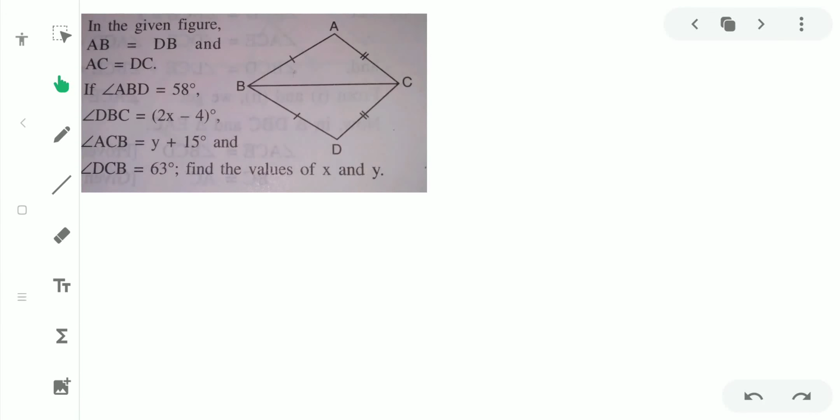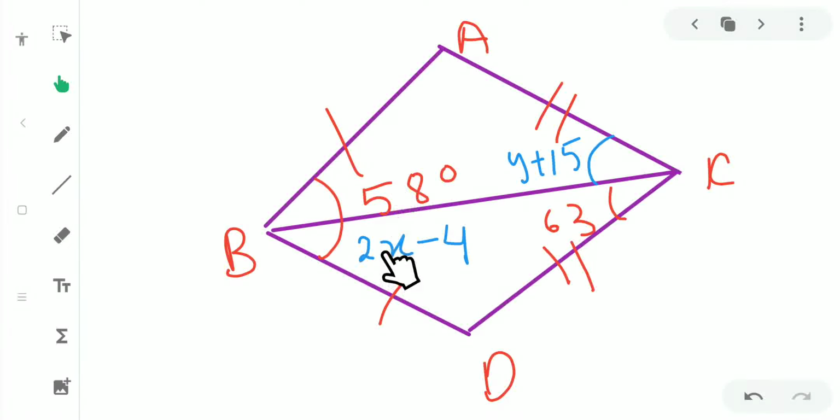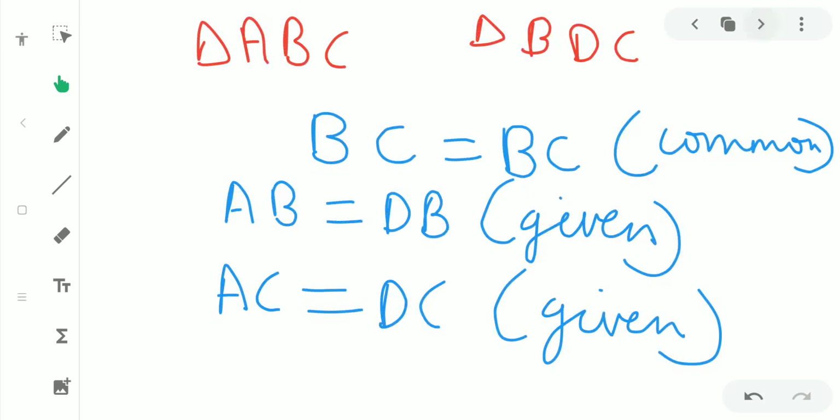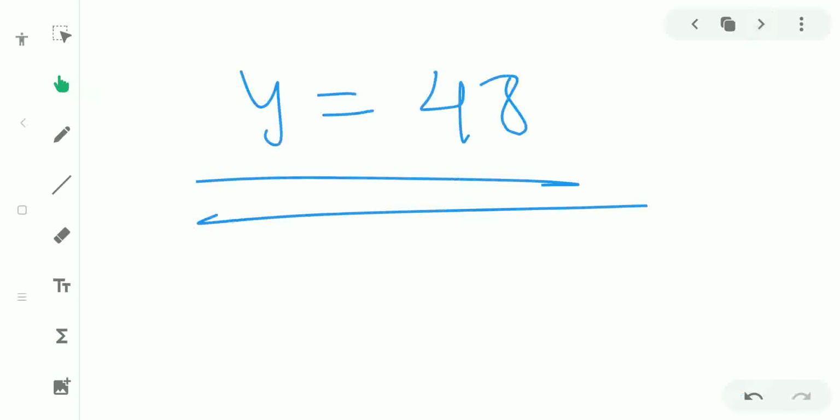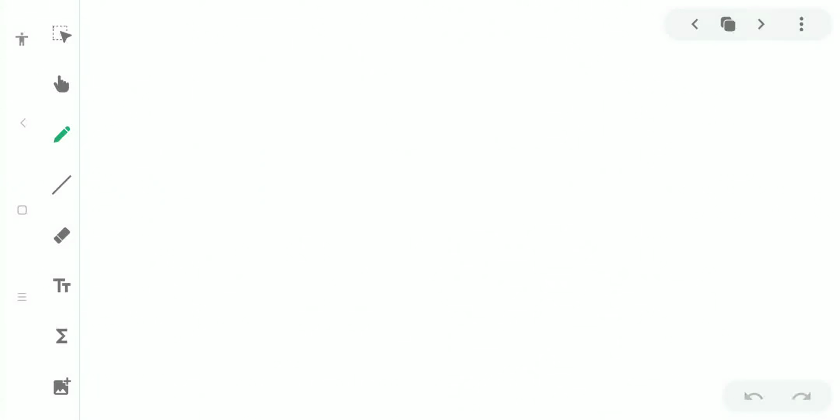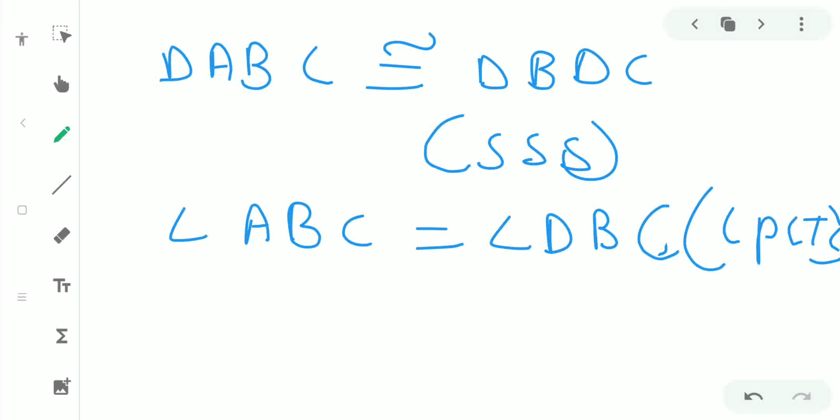And we have angle ABC is equal to 58 degree. And when we place this triangle on the triangle ABC, these two are matching and they are congruent, they are equal. We have already done here, angle ABC is equal to angle DBC.